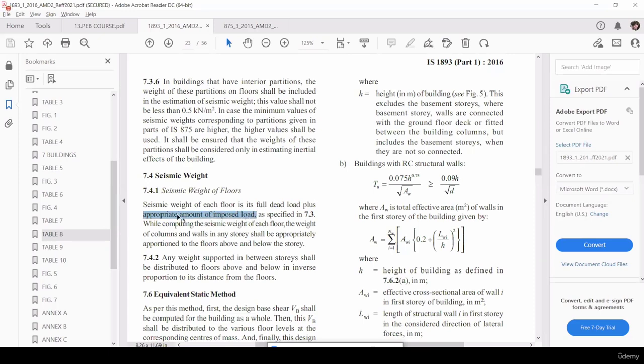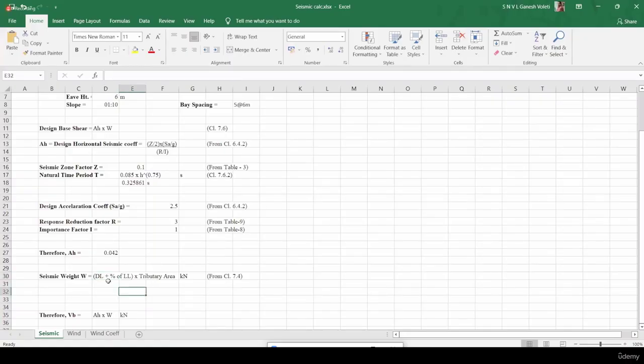You can see the formula. So he has mentioned an appropriate amount of imposed load. We are not going to use the entire live load. Imposed load is nothing but live load, right? So we are not going to use the full amount. There should be some percentage of imposed load that we are going to use. So this is the formula they have given.